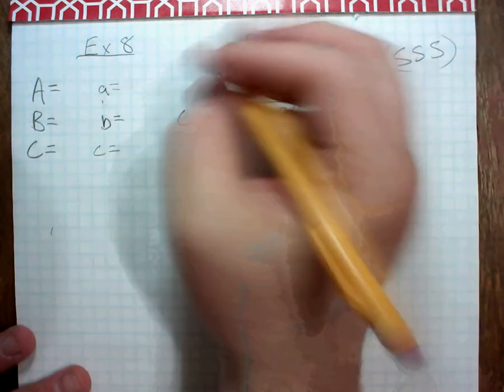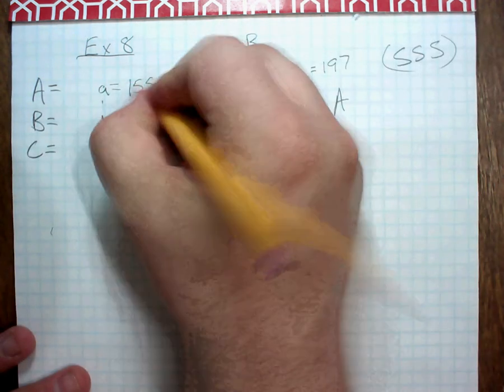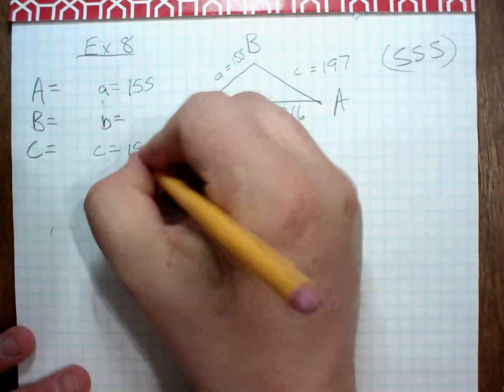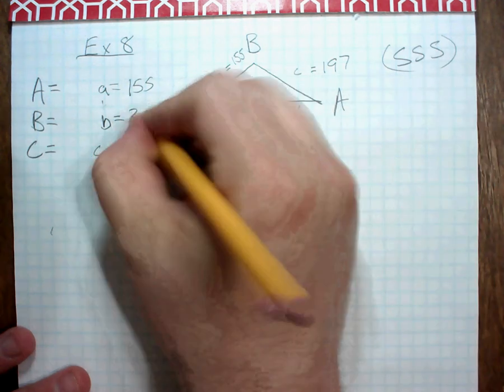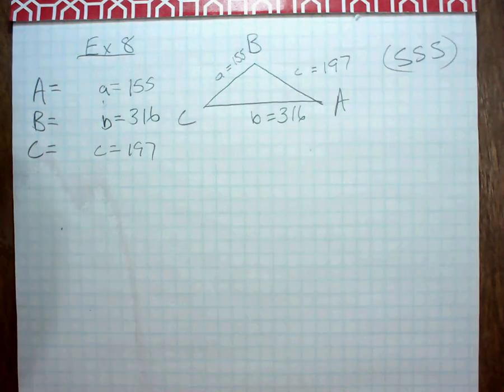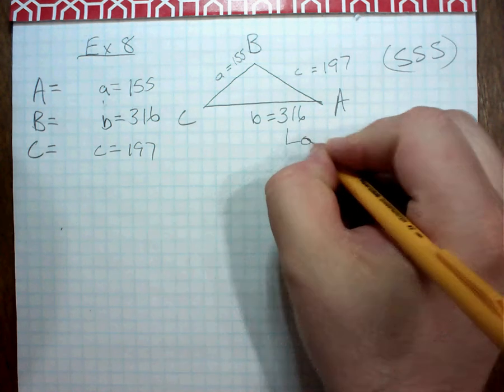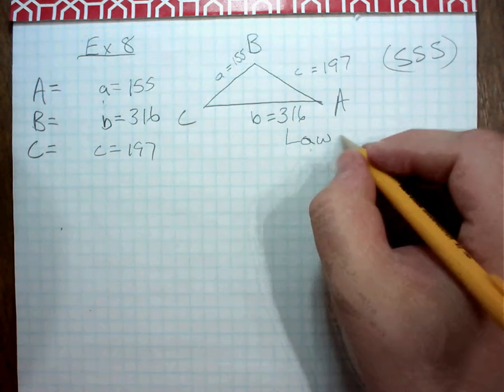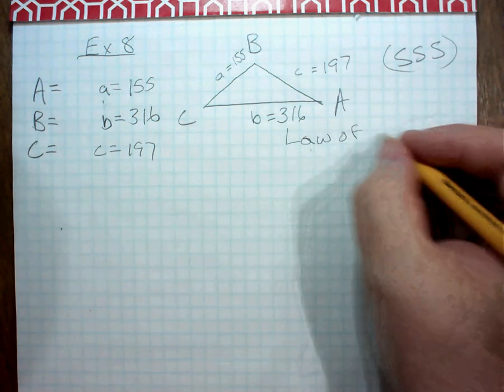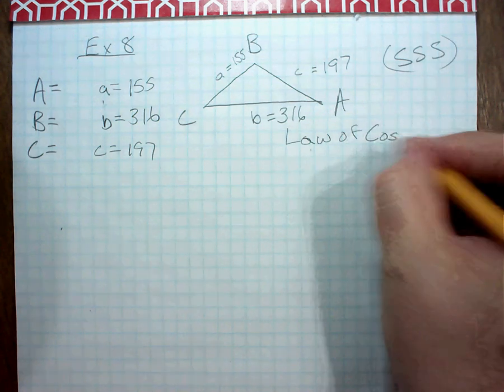And we are told that this is 155, this is 197, and this is 316. We don't know any of the angles, so this is law of cosines. When you have a side, side, side, or a side angle side, it's law of cosines.